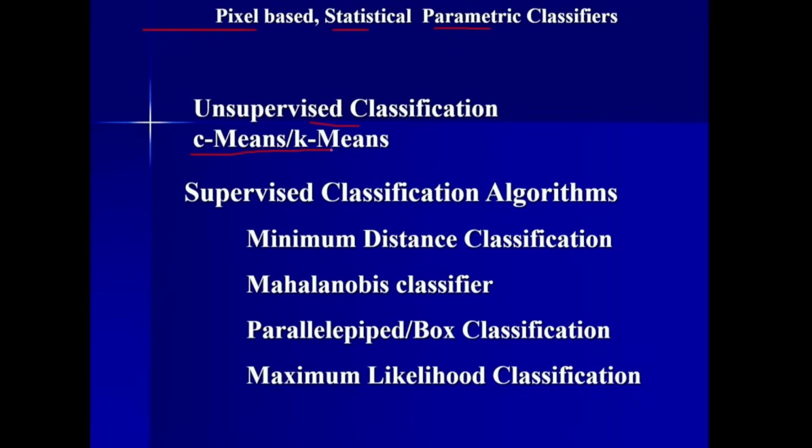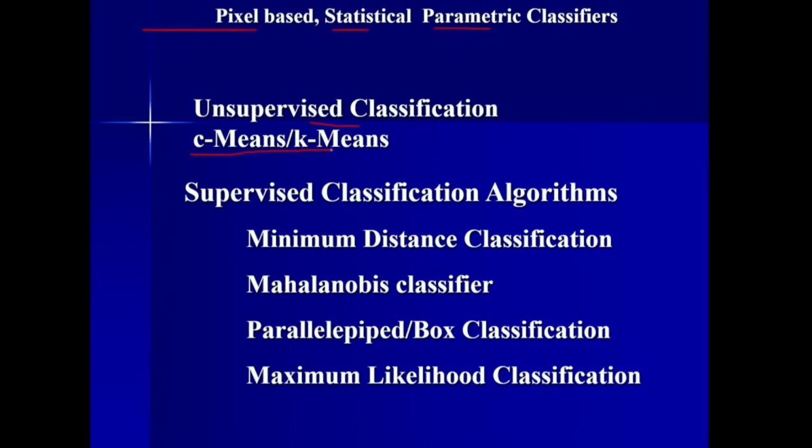The parameters can be the mean, the variance-covariance matrix elements, the minimum and maximum value in each band for the class, maybe the standard deviation, and so forth. If these parameters appear in the algorithm, we can initialize them through training data, and then it is called supervised classification.